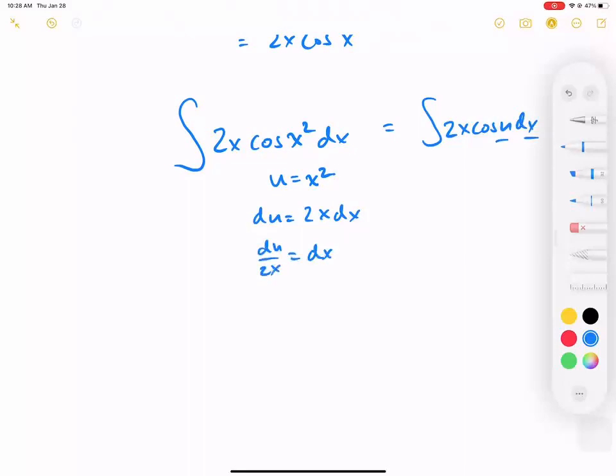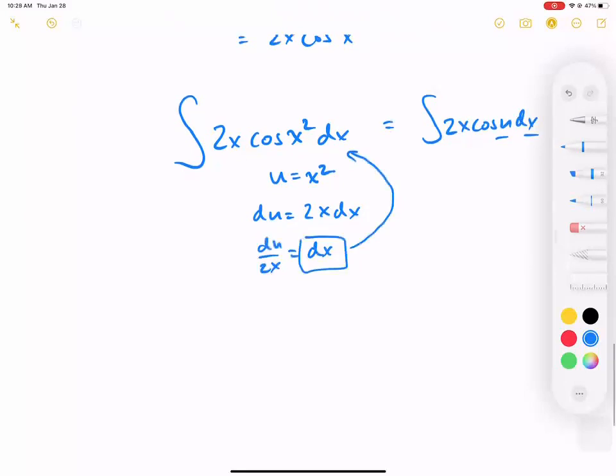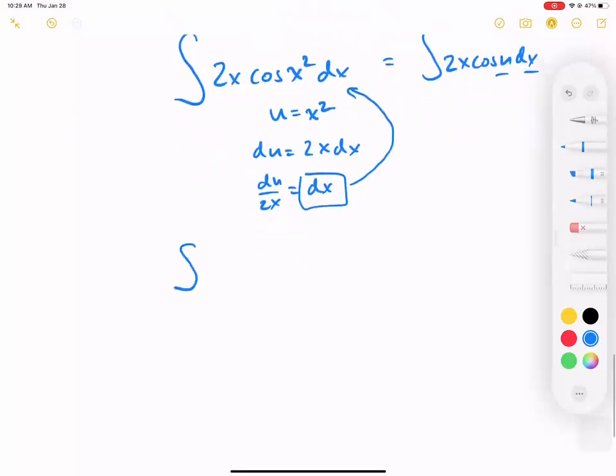Now take a look. We're going to go ahead and substitute this dx back into this dx. And you're going to notice something really cool. The integral of 2x cosine of x, oh sorry, that's cosine of u, I'm sorry. Cosine of u. And dx is now going to be written as du over 2x. But take a look here. That was our chain rule problem from before.